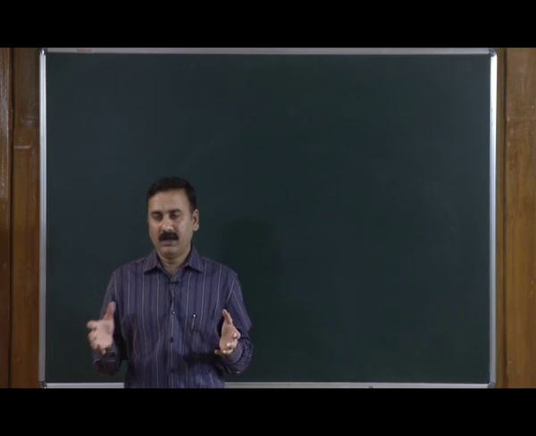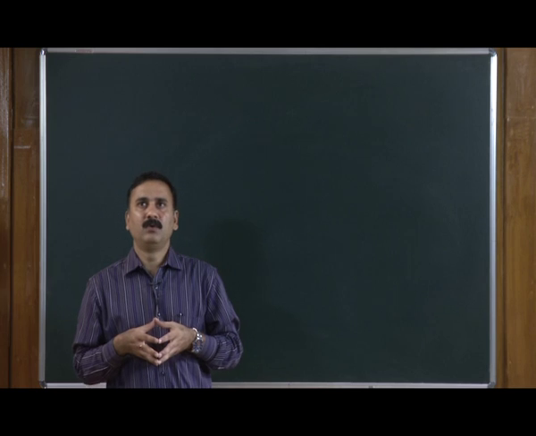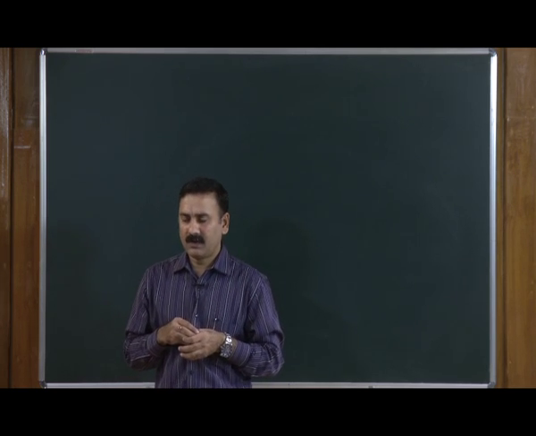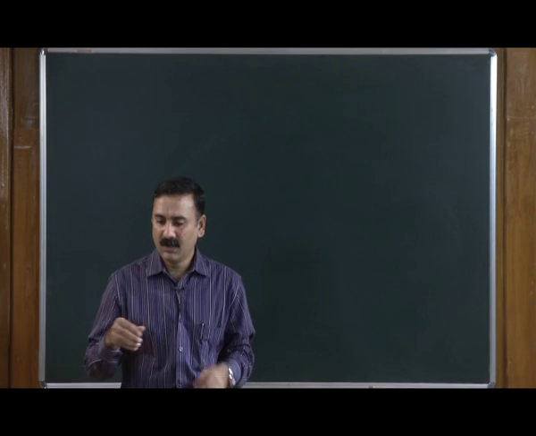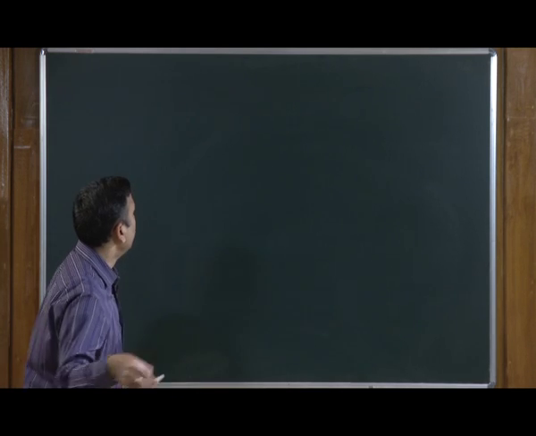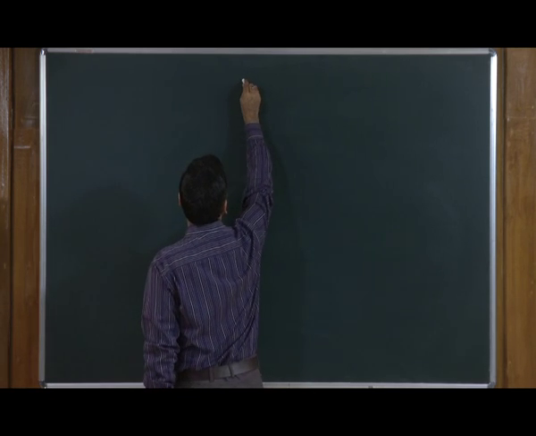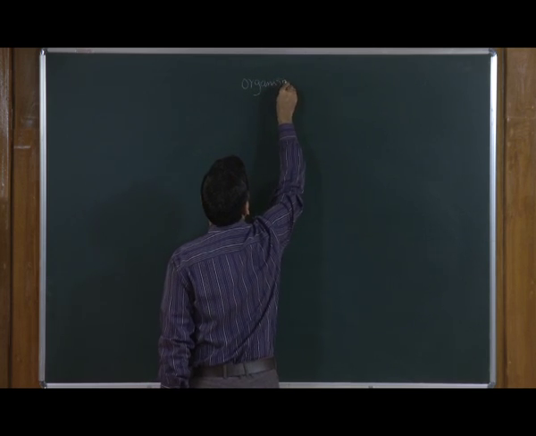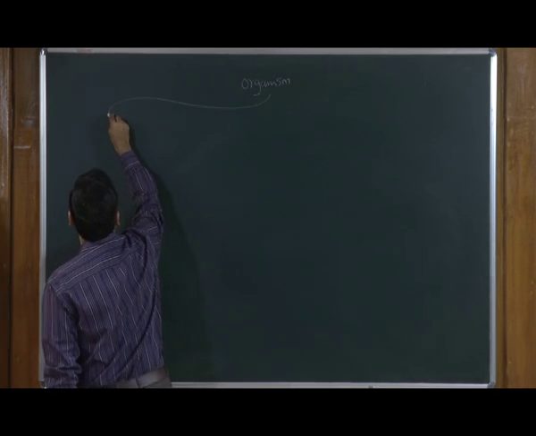So, before getting into the details of what we are going to discuss in this lecture series, let us discuss what different types of organisms are present on this earth. Mainly, we have 5 classes of organisms.